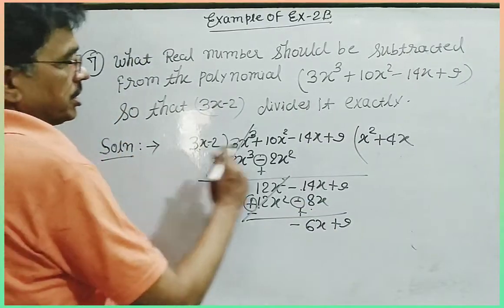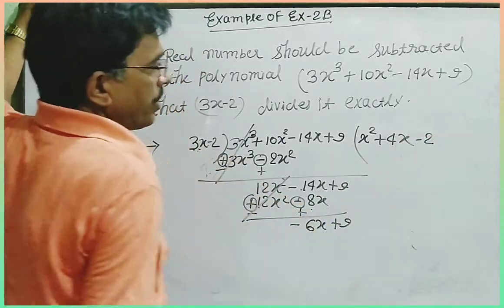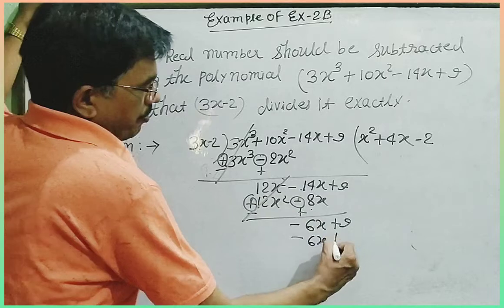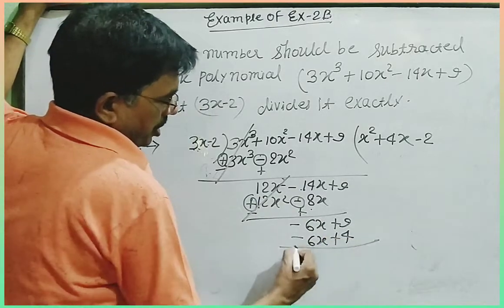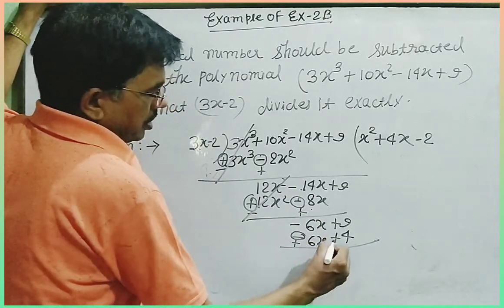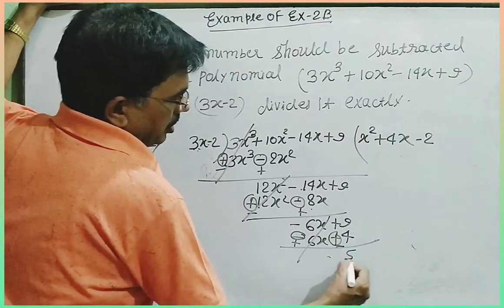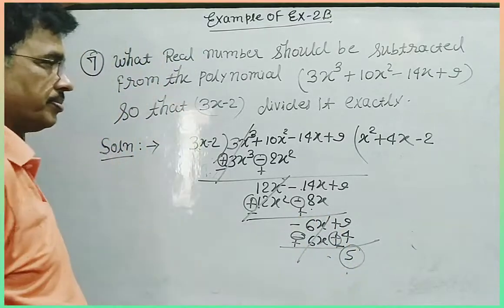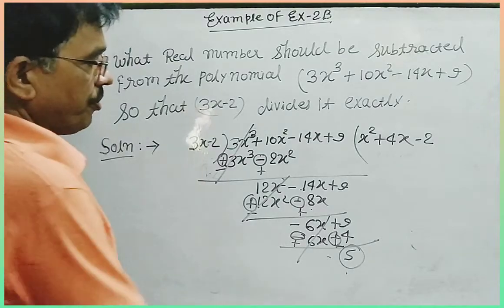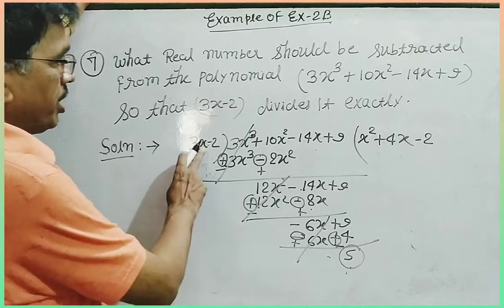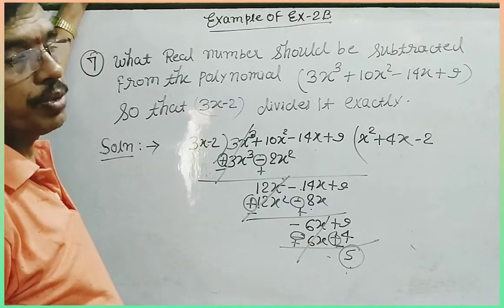Now minus 6, so you multiply by minus 2. Then you get minus 6x and plus 4. Then change the signs, it is cancelled, and it is 5. Then the remainder is 5, so it is clear. When you subtract 5 from this dividend, then it is exactly divisible by this polynomial.